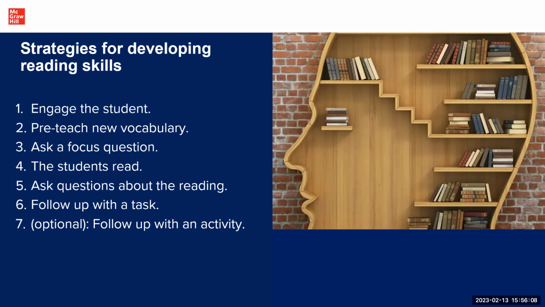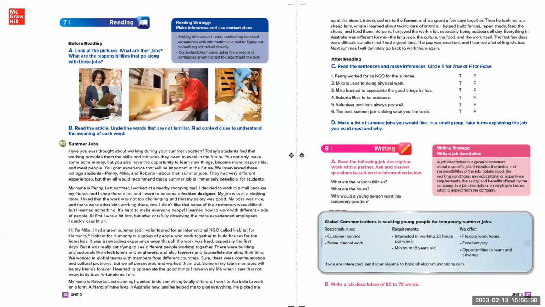The thing about academic reading that makes it different from what our students have seen before is that where they might have read less academic content, they are now coming in to read content that's complex, that's organized in a hierarchical way, and they need to apply some strategies to be successful with that. So we'll take a look at some examples in textbooks of how we guide students through reading tasks.